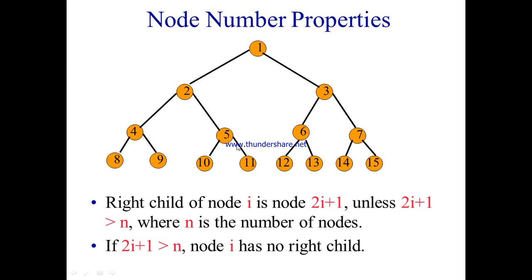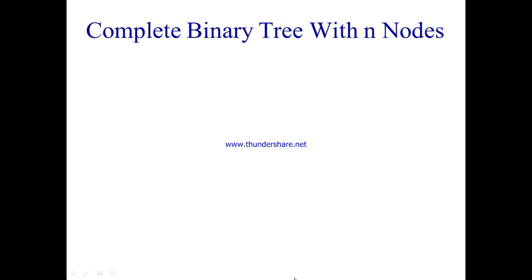For example, if my binary tree has a maximum of 10 nodes and I calculate the right child of 5, I get 11, but 11 is greater than 10. The nodes are exceeding, so I should not consider it. That is why if 2i plus 1 is greater than n, node I has no right child.